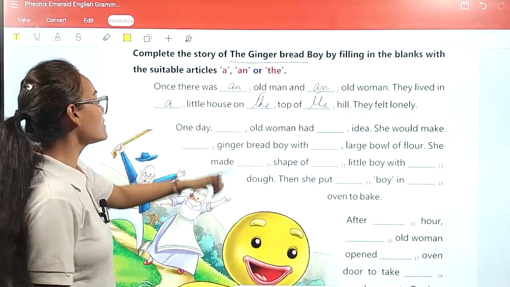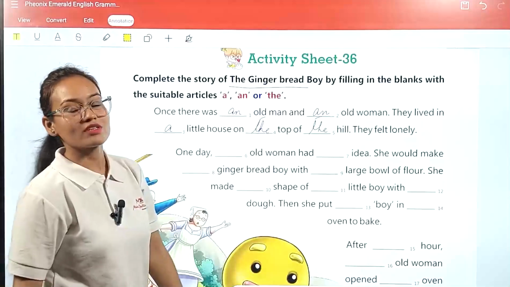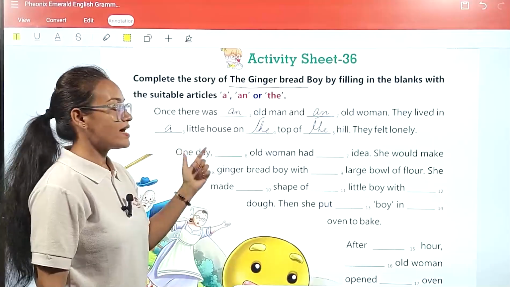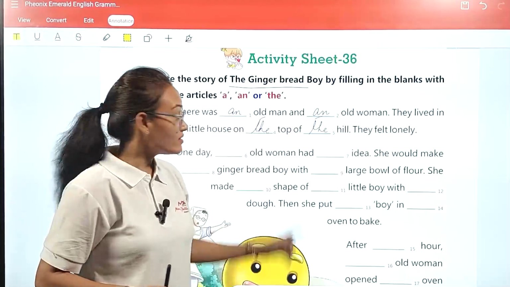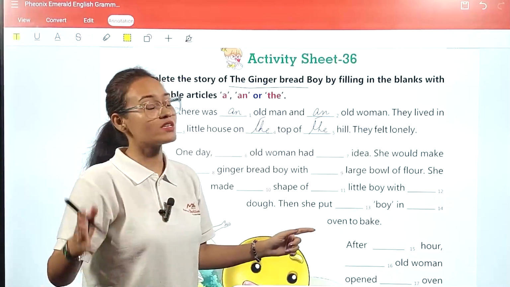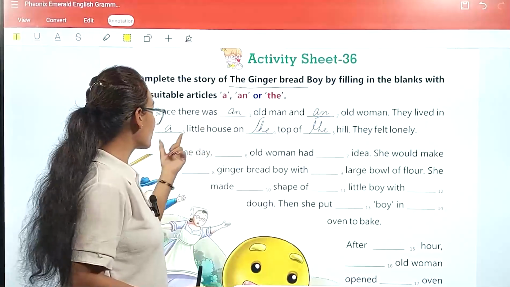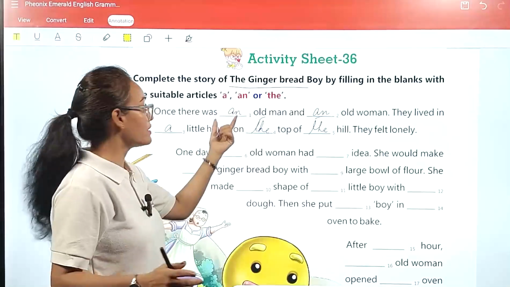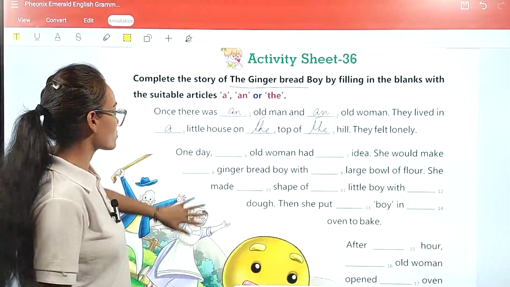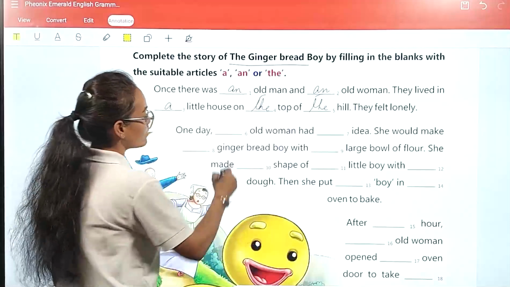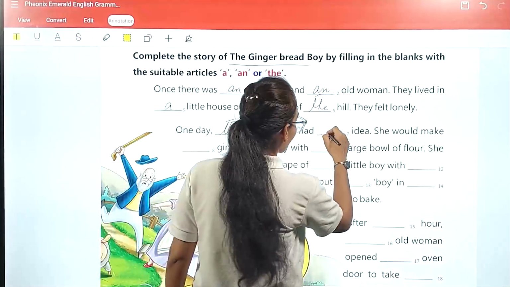So one day the old woman. One more thing, my dear students: a and an, we are not going to repeat them. The can be repeated as much as you want, but if one time we have written an or a, we are not going to write them twice in our sentences. So one day the old woman had an idea.